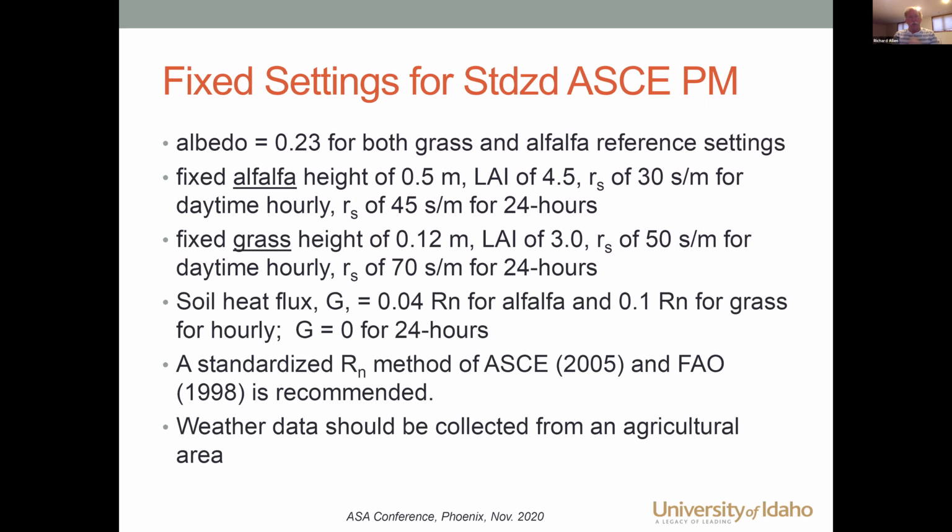So the clipped grass does have a higher stomatal or surface resistance than the alfalfa, primarily because it has fewer leaf area. So that is one reason why, coupled with the taller height of the alfalfa, maximum ET is generally greater from the alfalfa reference than from the grass by about 20 to 40%, depending upon the dryness of the local weather.